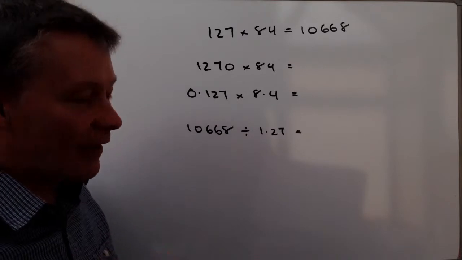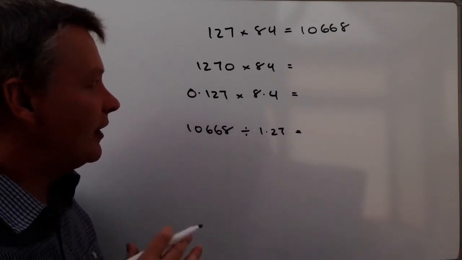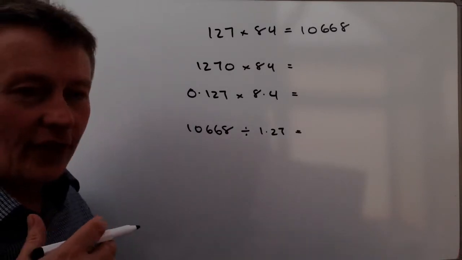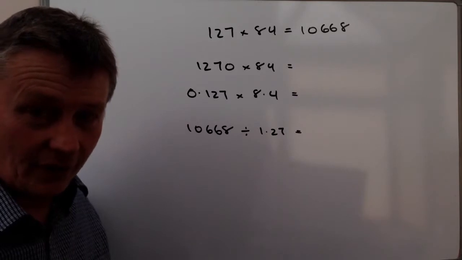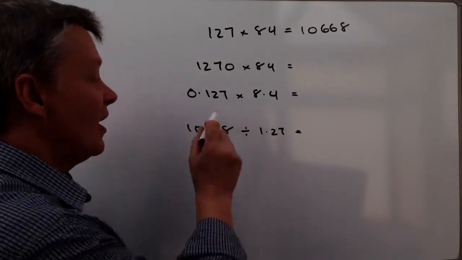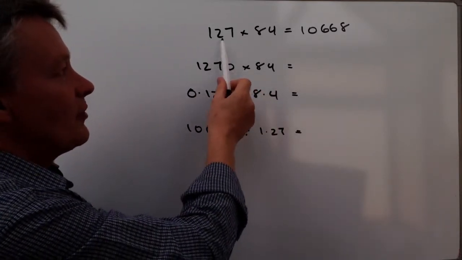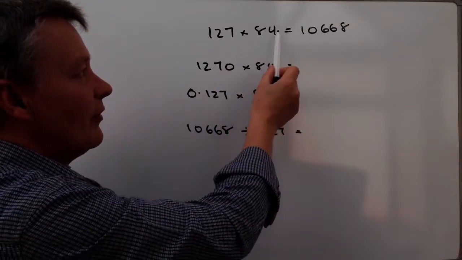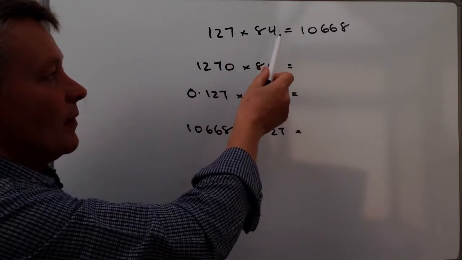Like the previous video really, I think sometimes it's a lot better to have a rough indication of the answer in your mind before you actually write down the numbers. You can check them by moving the decimal point, certainly. If we look at this particular question, what's happened is that in 127 times 84, both of the decimal points are at the end of these numbers.